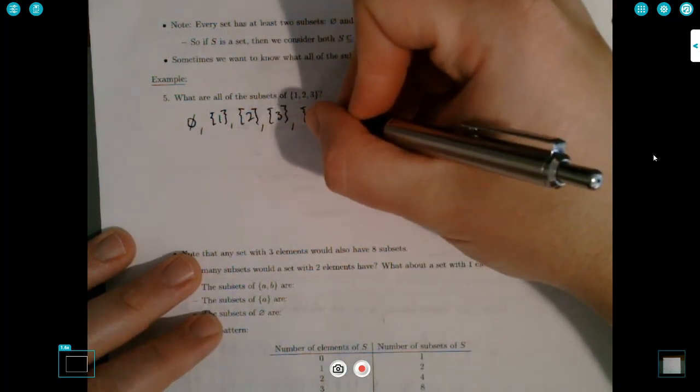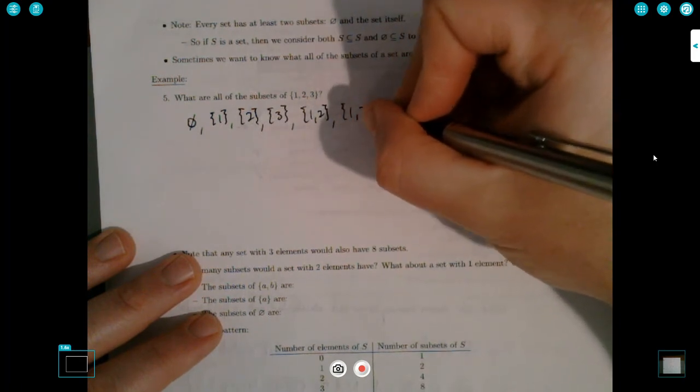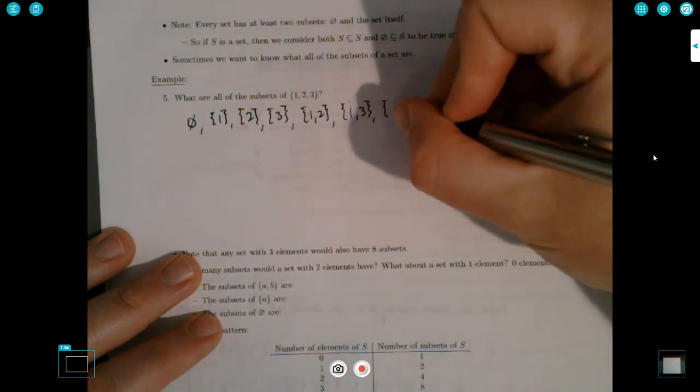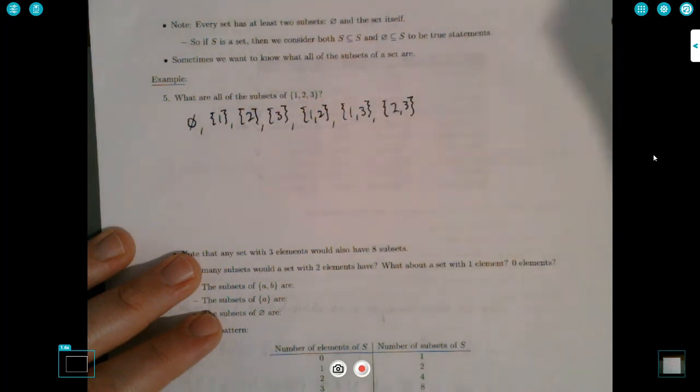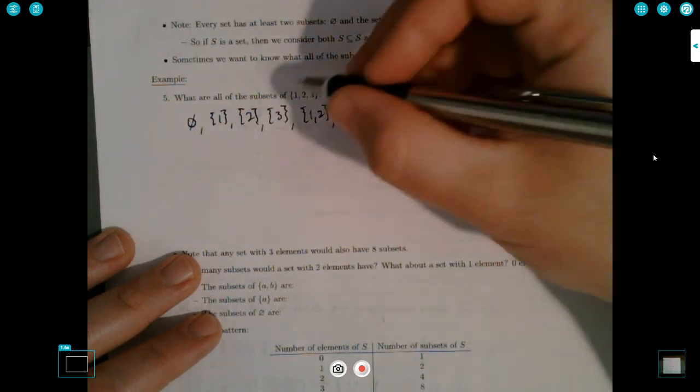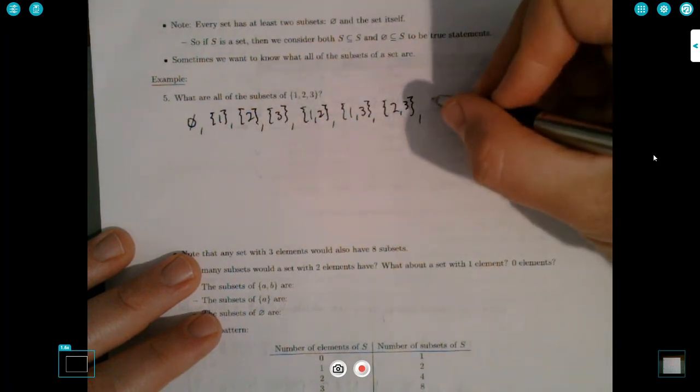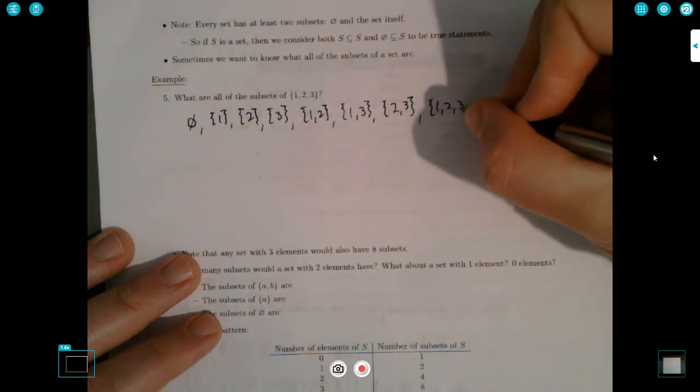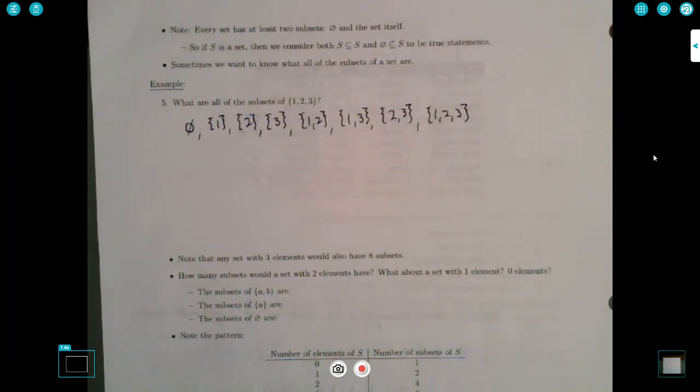All of the pairs are going to be subsets. So {1, 2} is a subset. {1, 3} is a subset. {2, 3} is a subset. I think that's all of the pairs. And then finally, the entire set is a subset of itself. So the set {1, 2, 3} is also a subset of that original set.